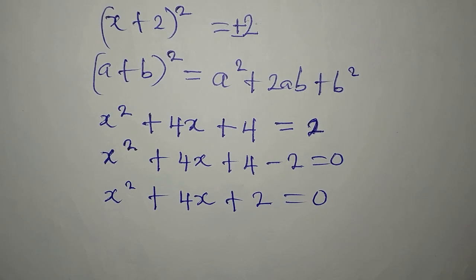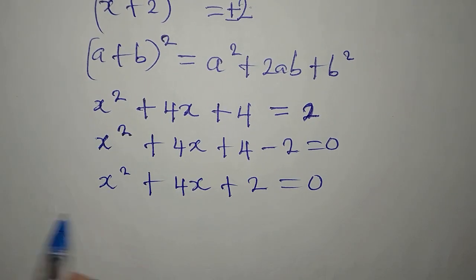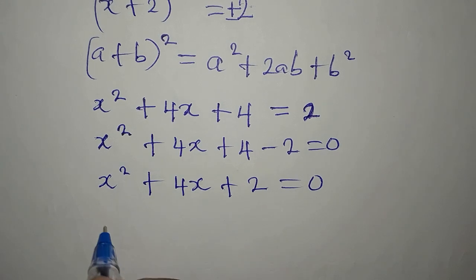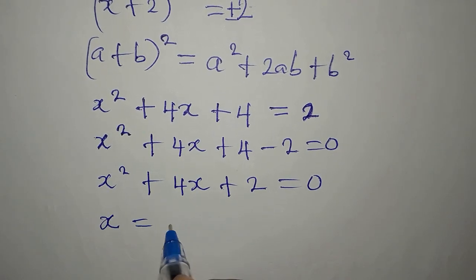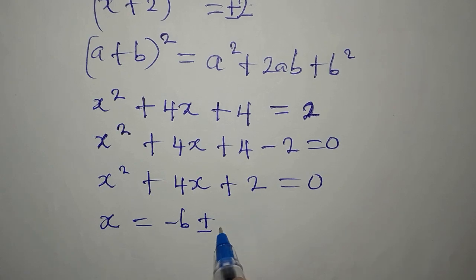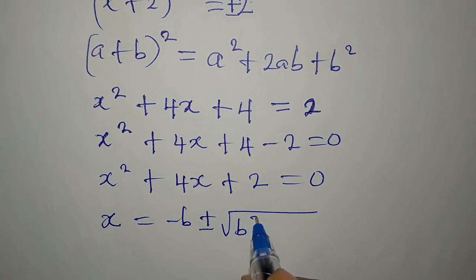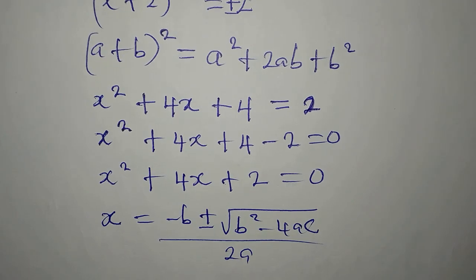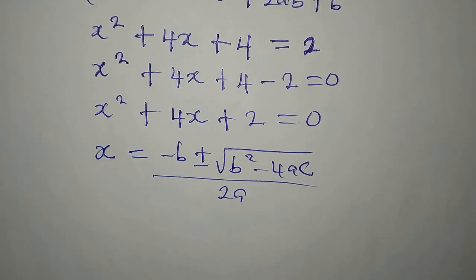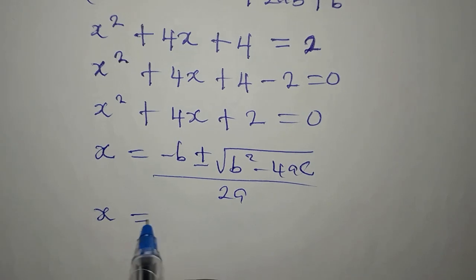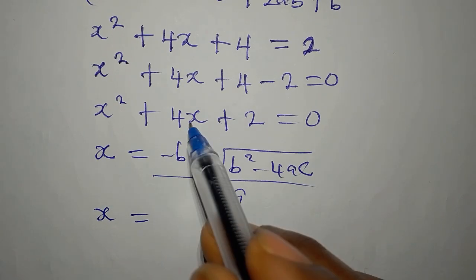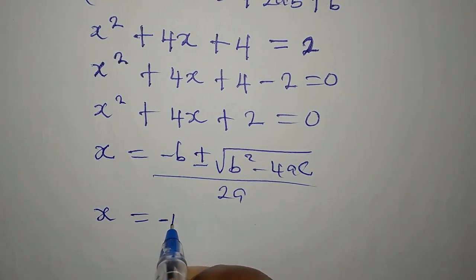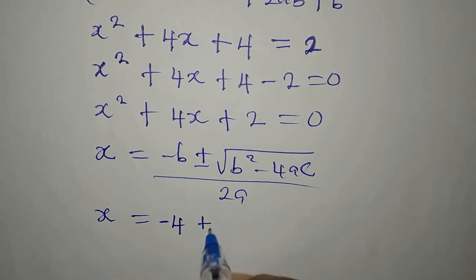Now, let's solve this very quickly. From here, we have a quadratic equation, and we use the formula for it: x = (-b ± √(b² - 4ac)) all over 2a. This is called the quadratic general formula. Now, our x from here is equal to, our b is 4, so we have minus 4 in place of minus b.